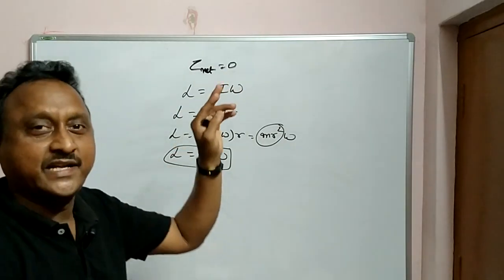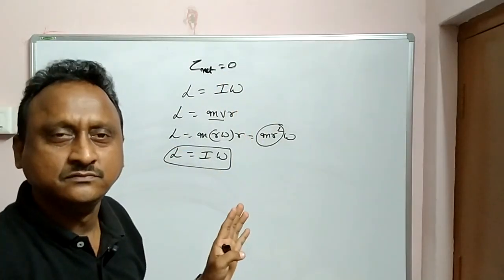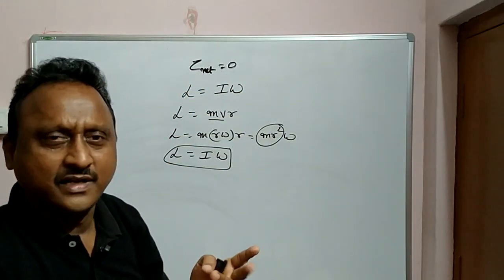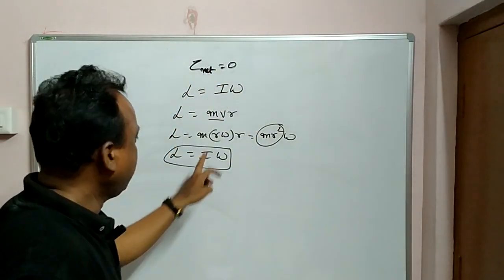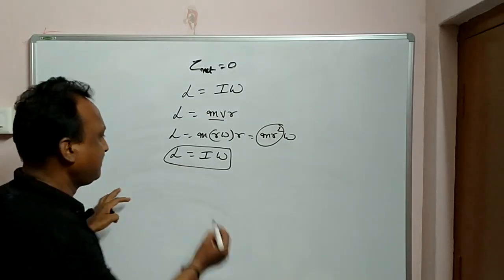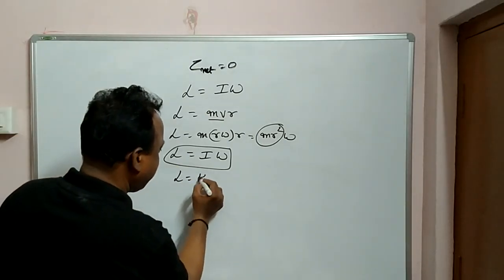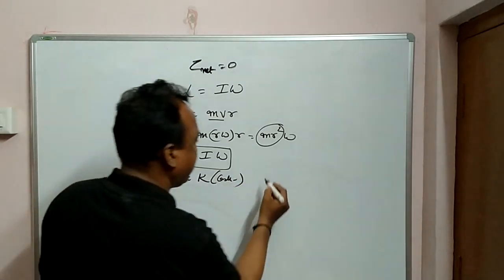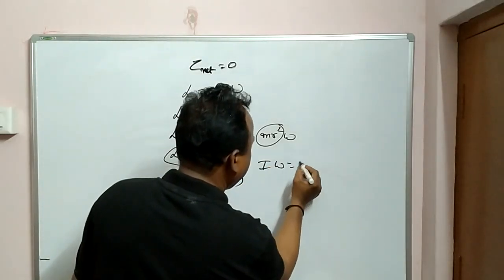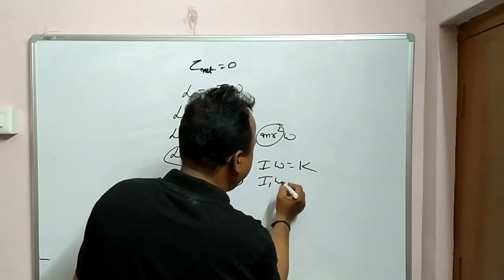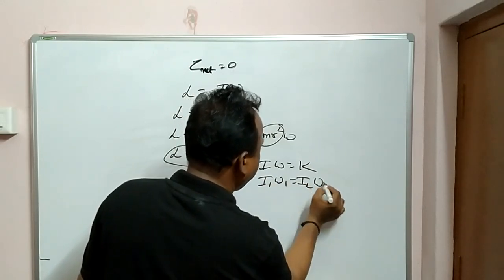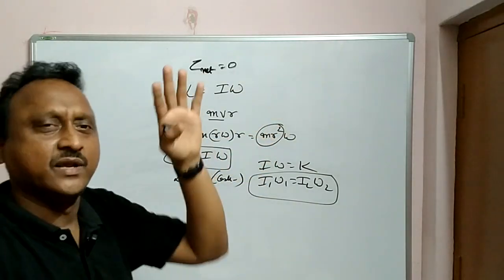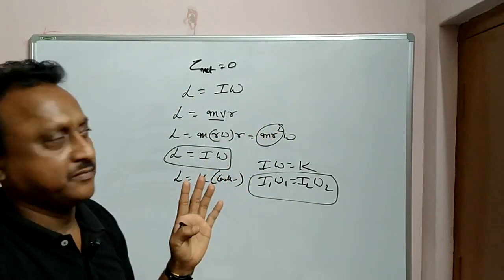అంటే when net torque is zero, that means where there is no rotation, resultant torque సున్నా అయినప్పుడు L remains constant. L is equal to constant and I omega is equal to constant. అప్పుడు ఏమవుతుంది? I1 omega 1 is equal to I2 omega 2. These relations are very very important in solving numerical problems.